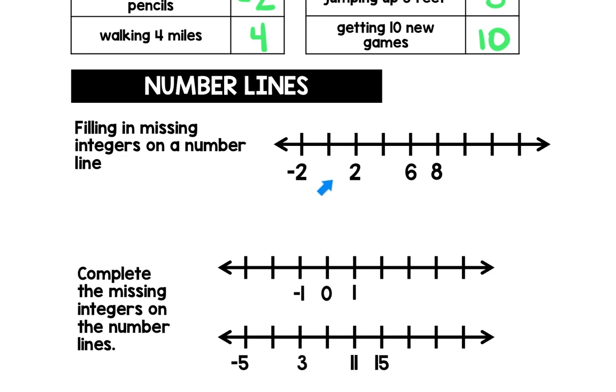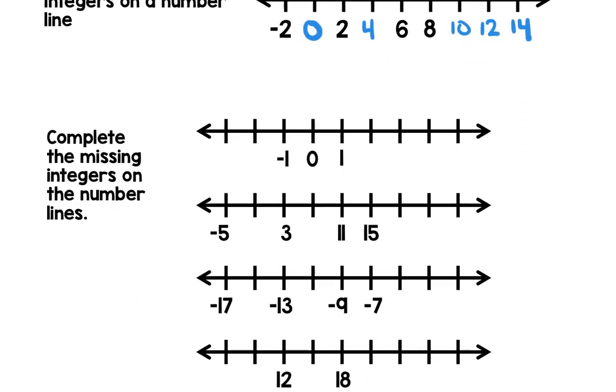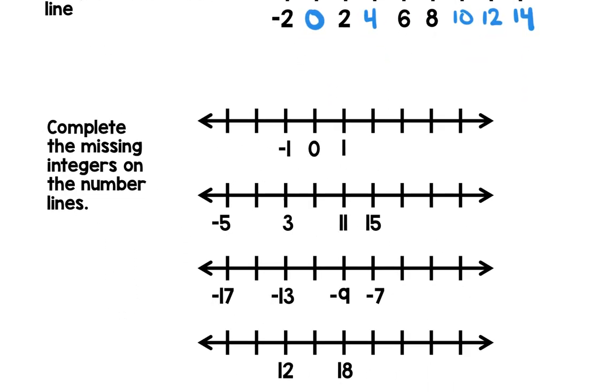What is exactly in between? What is the number that falls directly in between -2 and 2? That is 0. So as you can see, we're going up by 2s here. So this would be 2, 4, 6, 8, 10, 12, 14. Go ahead and see if you can complete the missing integers on these number lines by looking at the interval and trying to figure out what that interval is.